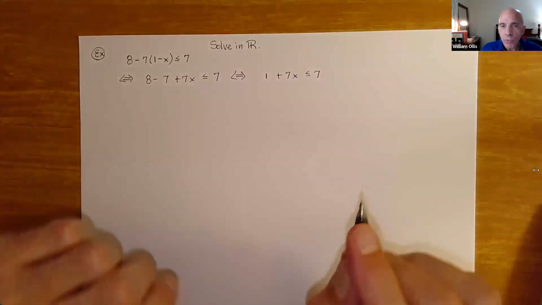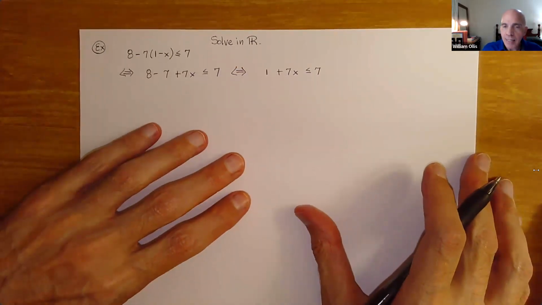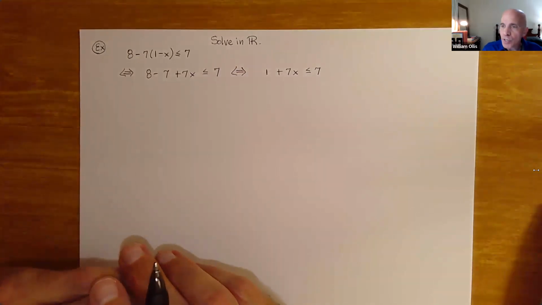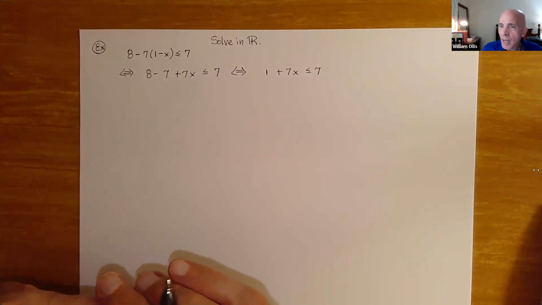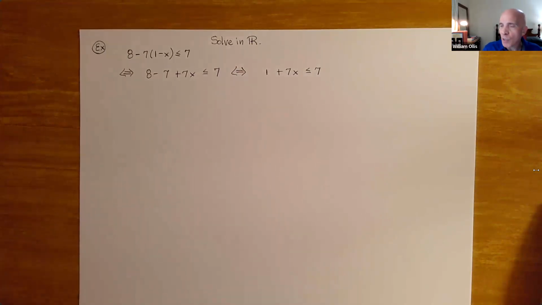Now, what I want to show you is a technique similar to the zero product. It's basically zero product, but we've got this inequality, so our answers are going to look a little bit different, because what we're going to think of is when we create a zero on one side of the equation, that's going to mean that we have what we call a boundary value.